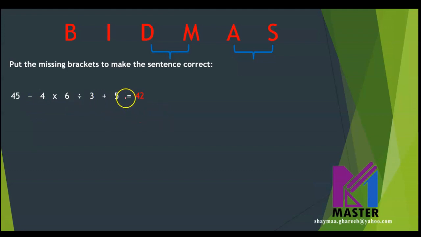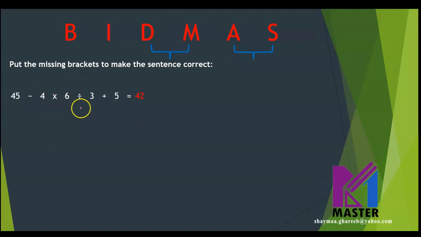So I need to make the answer of all of these calculations to be 3. Let's think of a good place for the bracket to change the answer of this one to be 3.